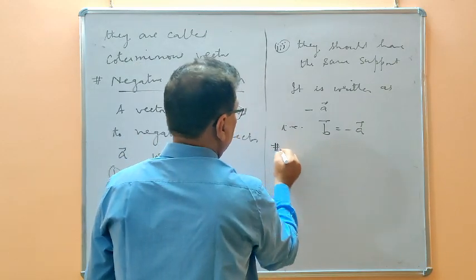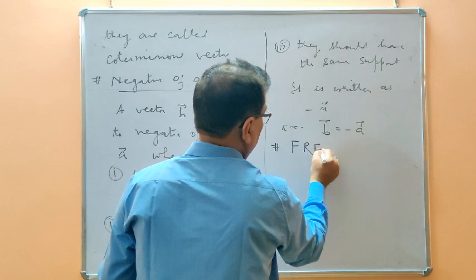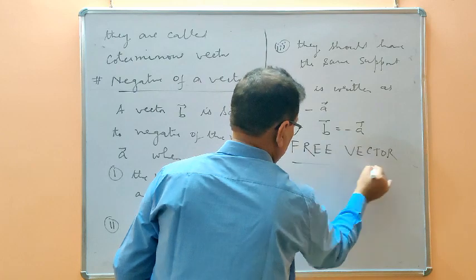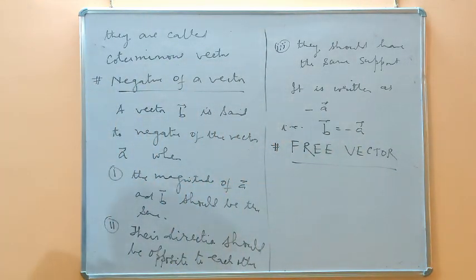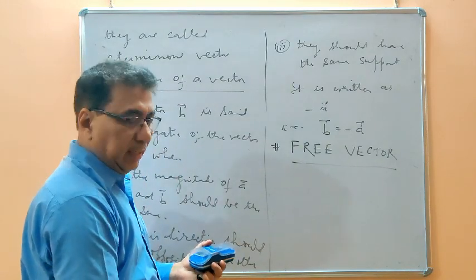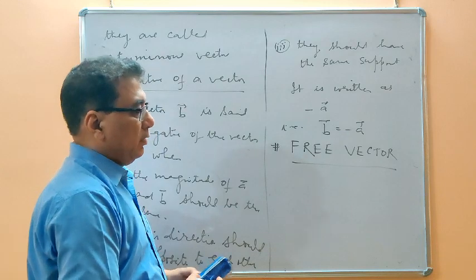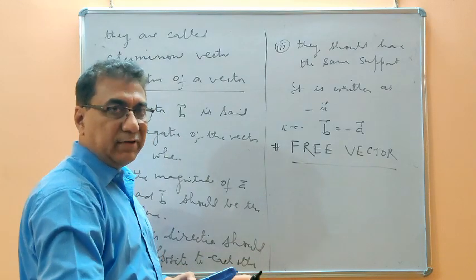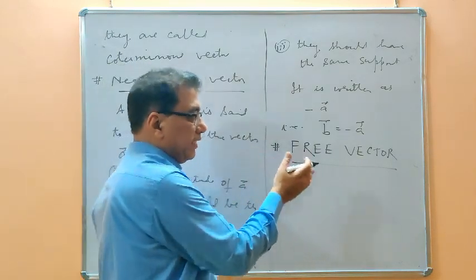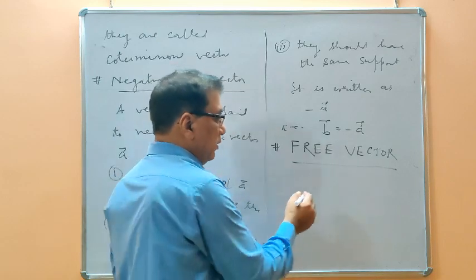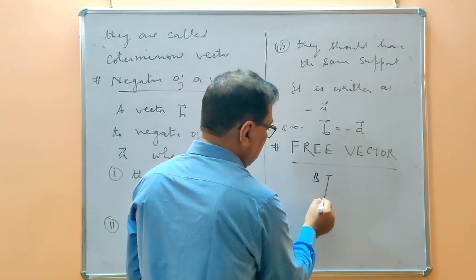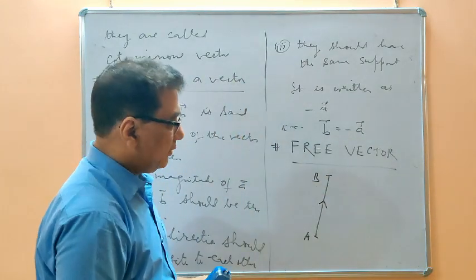Next, free vector. What is the meaning of free vector? This is a very important discussion because in most of the questions when you solve, we shift the given vector passing through the origin all the time. So we take the vectors as free vectors. Suppose AB is a given vector.